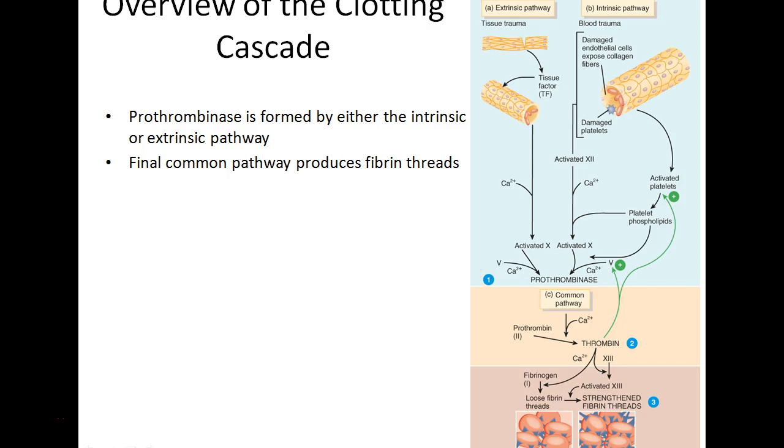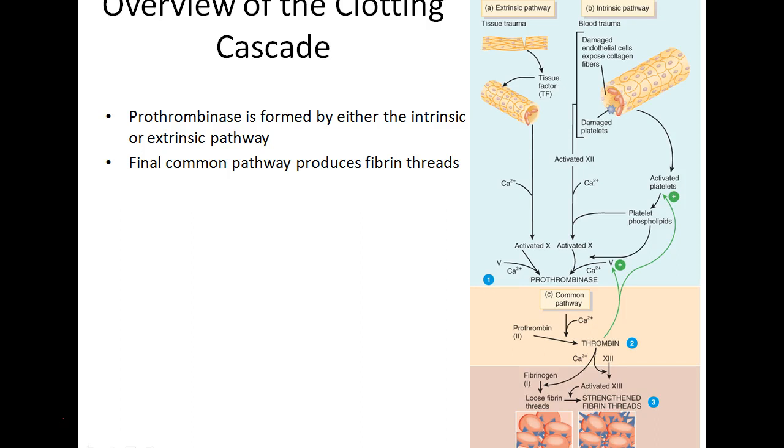The extrinsic pathway of coagulation is initiated by external tissue damage. The intrinsic pathway of coagulation is initiated by internal vessel wall damage and first enacted by those platelets we discussed.